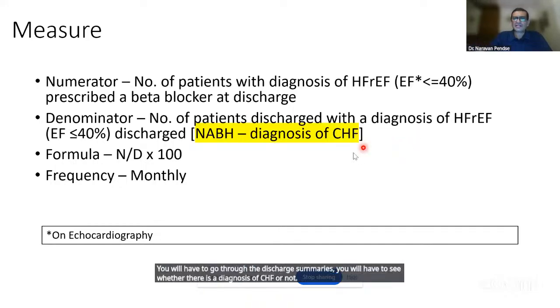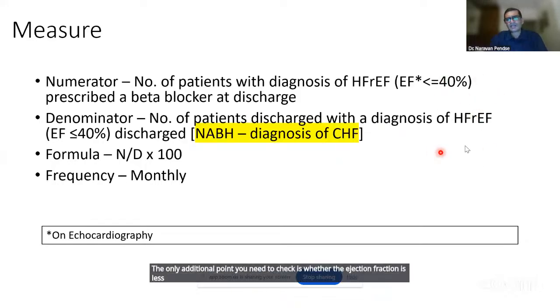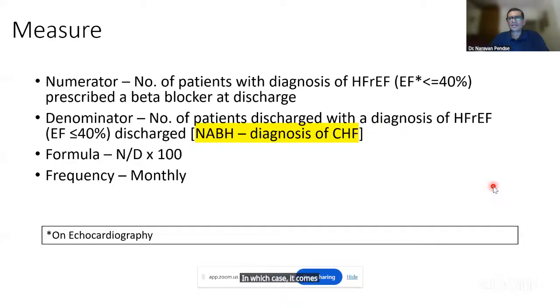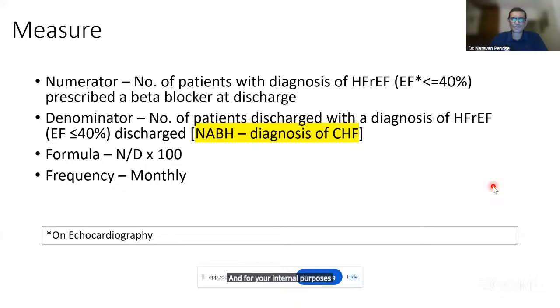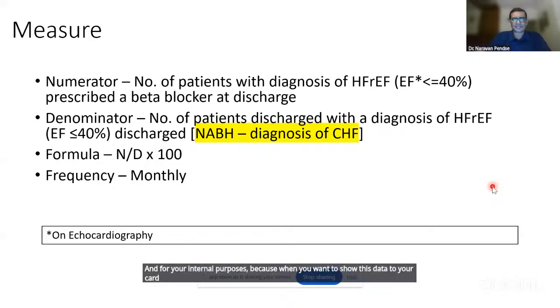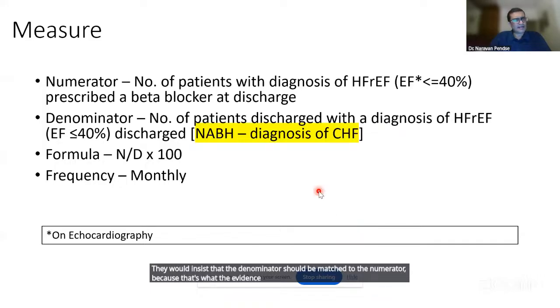The only additional point you need to check is whether the ejection fraction is less than 40%, in which case it comes under the reduced ejection fraction type of heart failure. So you can report to NABH what they want, and for your internal purposes, when you show this data to your cardiologists, they would insist that the denominator should be matched to the numerator, because that's what the evidence-based guideline recommends.